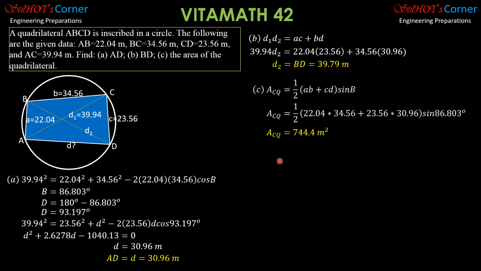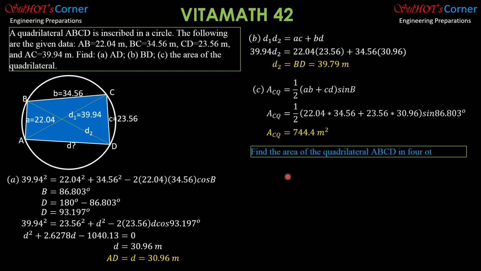As mentioned earlier, for your part, so that you can participate, find the area of this same cyclic quadrilateral in 4 other methods. You may use the formula, but you have to solve for the radius of the circumscribing circle first.